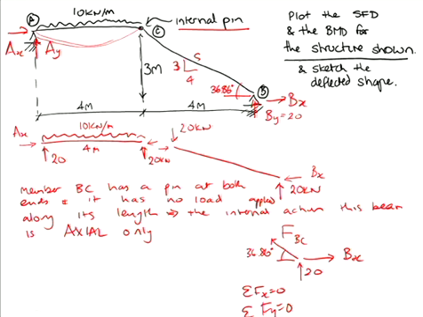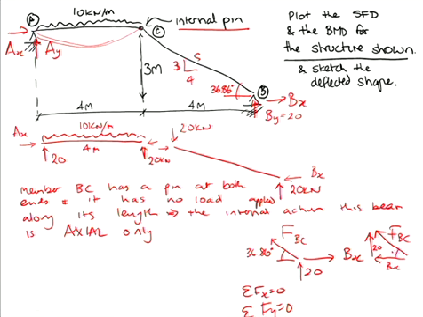The other way to look at it is to say I'm going to draw my arrows top to tail, so Bx and this 20 kilonewton must add up to my resultant FBC. So thus, this Bx force must be pointing to the left.